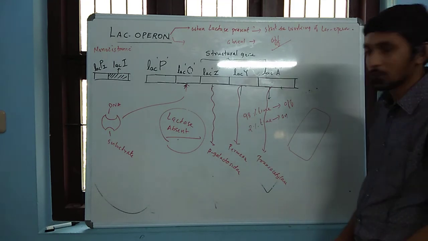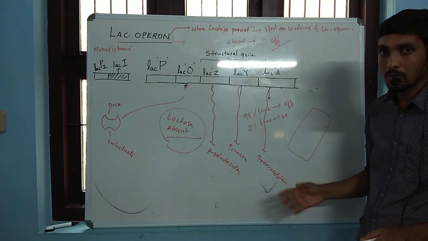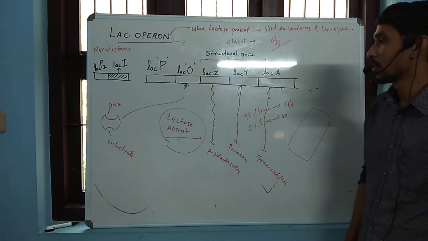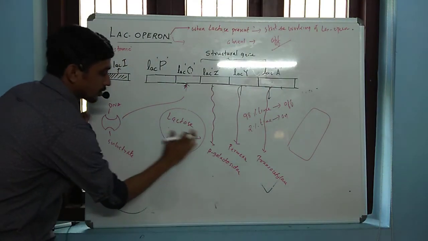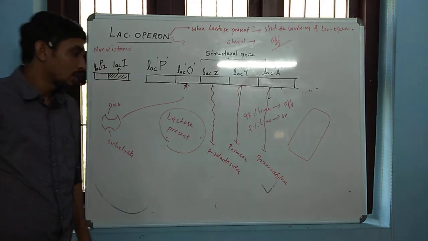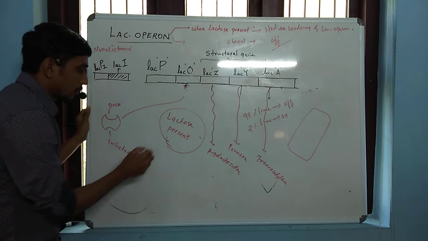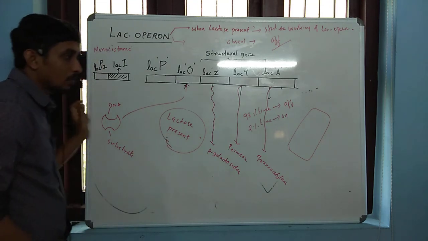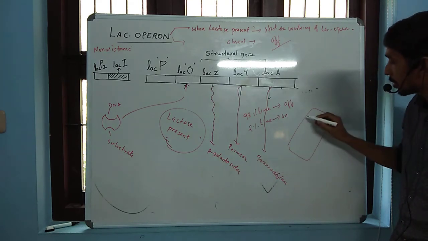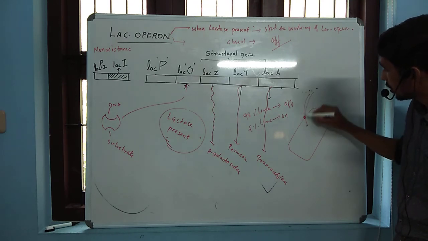Okay. So, now I am going to explain what happens when lactose is present inside the bacterial medium. When lactose is present in the medium, a very small amount of beta-galactosidase and permease is already present inside the bacteria.